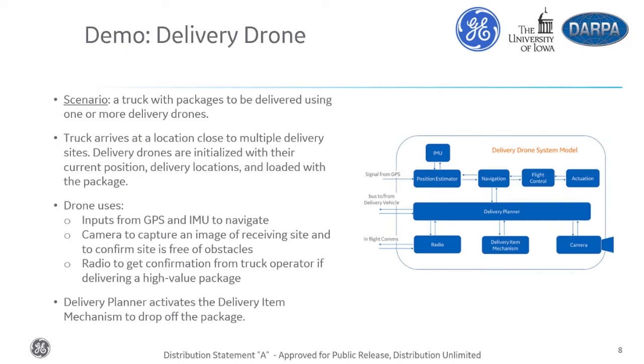For high value packages, the camera would take a picture of the delivery area and send that information back to the truck to confirm that it's appropriate to make that final delivery. So that's the mission scenario and the architecture of the drone.